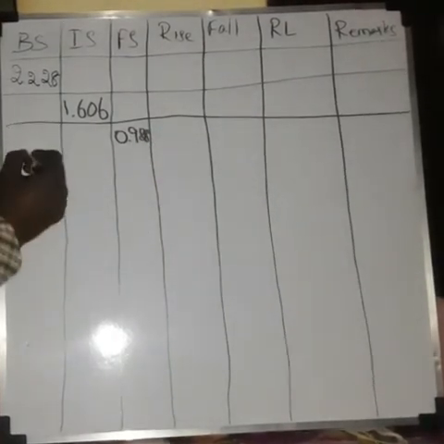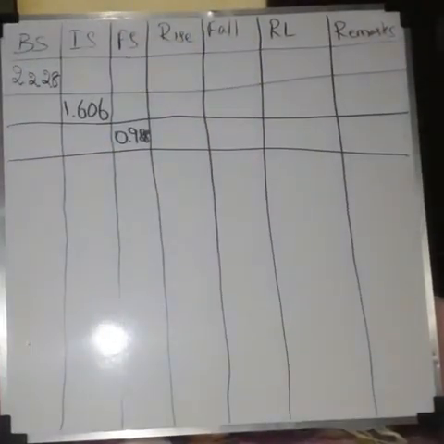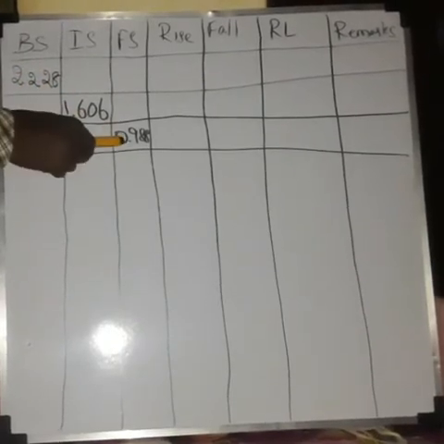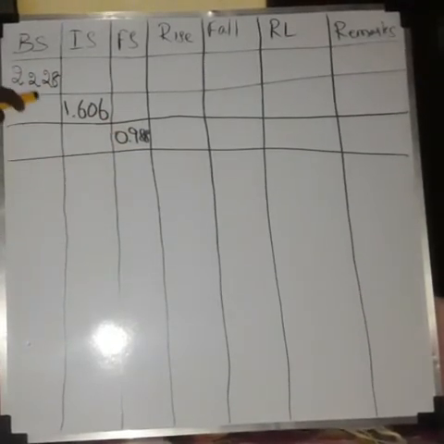These observations are already given in the problem. After the third reading, the instrument has been shifted. So only the first 3 readings were observed at station 1.